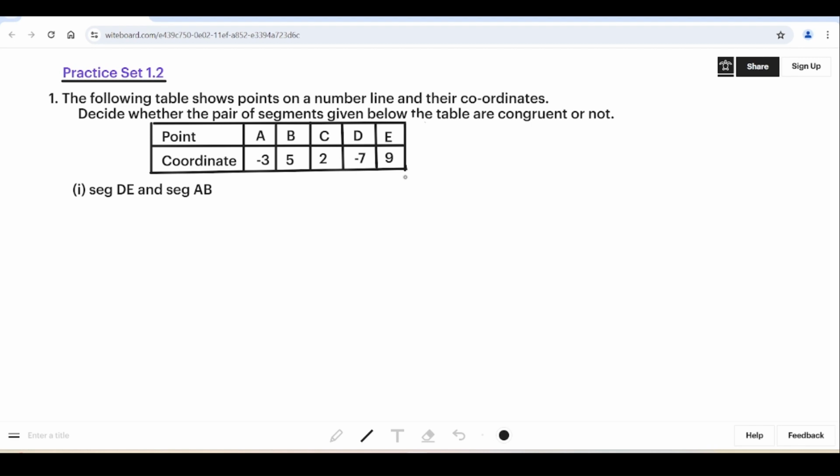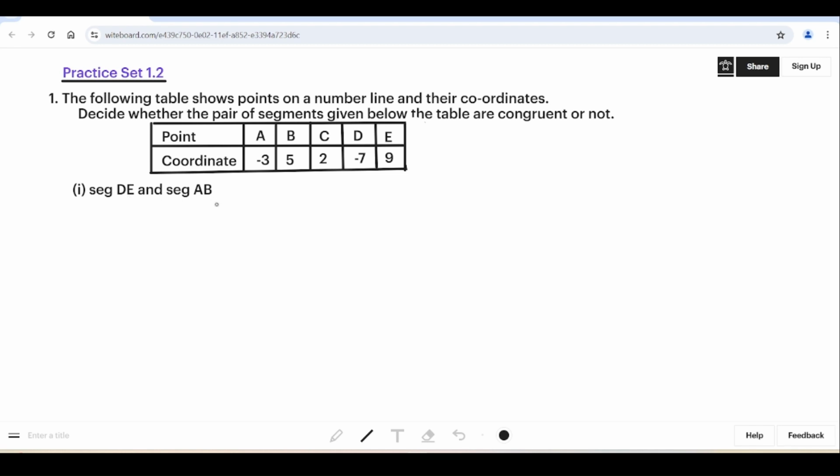Now we have to see whether segment DE and segment AB are congruent or not. We have seen the definition of congruent: if the lengths of the segments are equal, then those segments are called congruent segments.